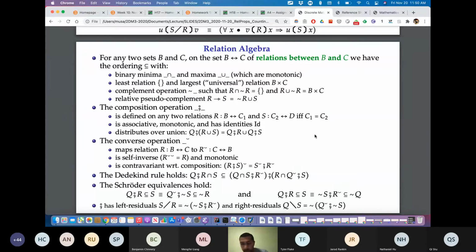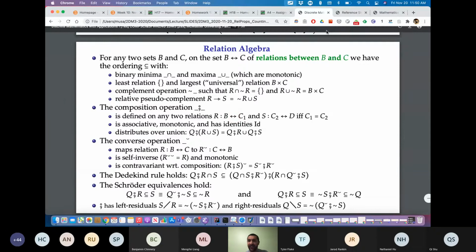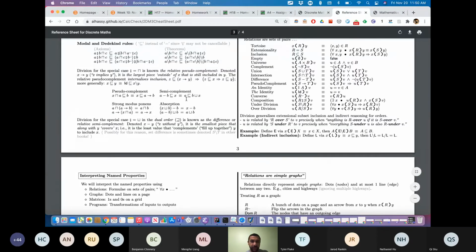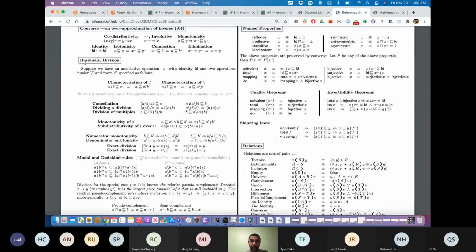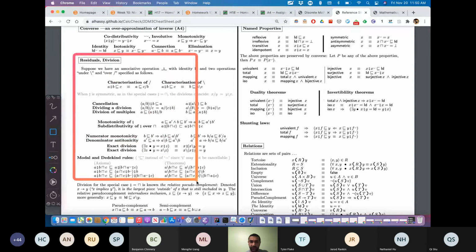What's the name of that smaller arrow? Oh, I have a lot of arrows here. This is for relations, and this one is called the pseudo-complement. The pseudo-complement is another kind of division. So here we have these division operations, and one of them is the pseudo-complement.